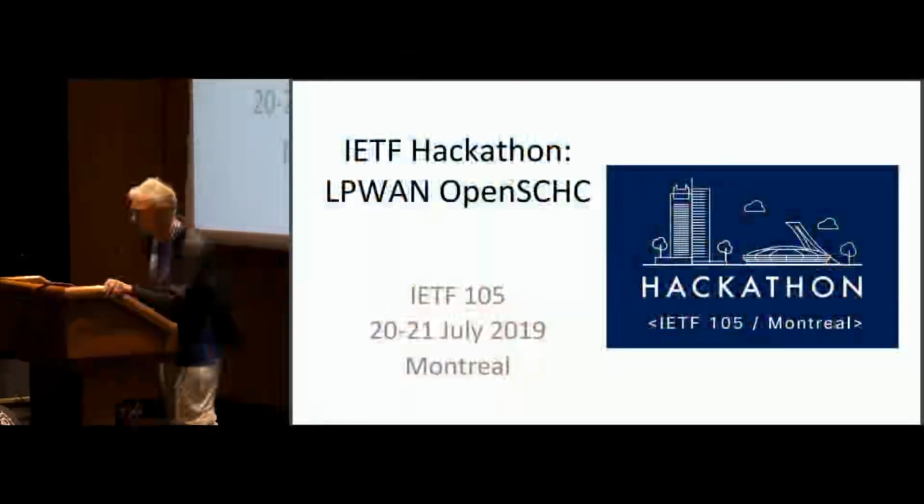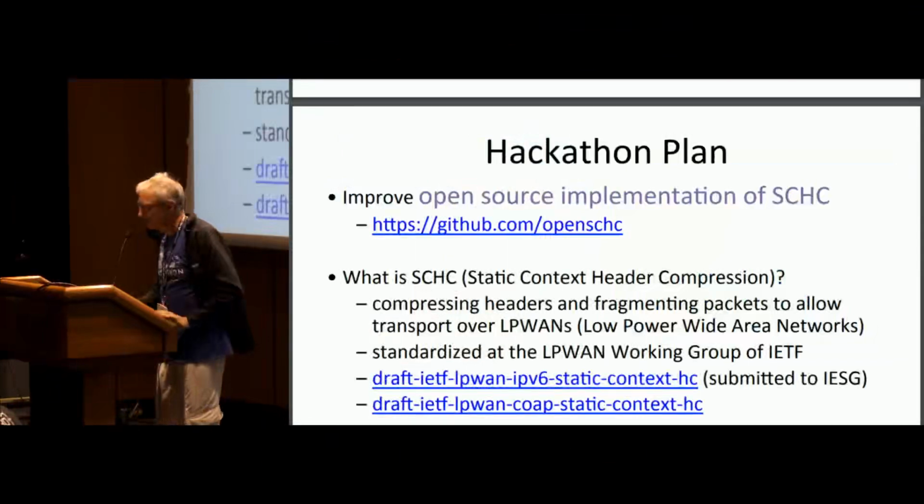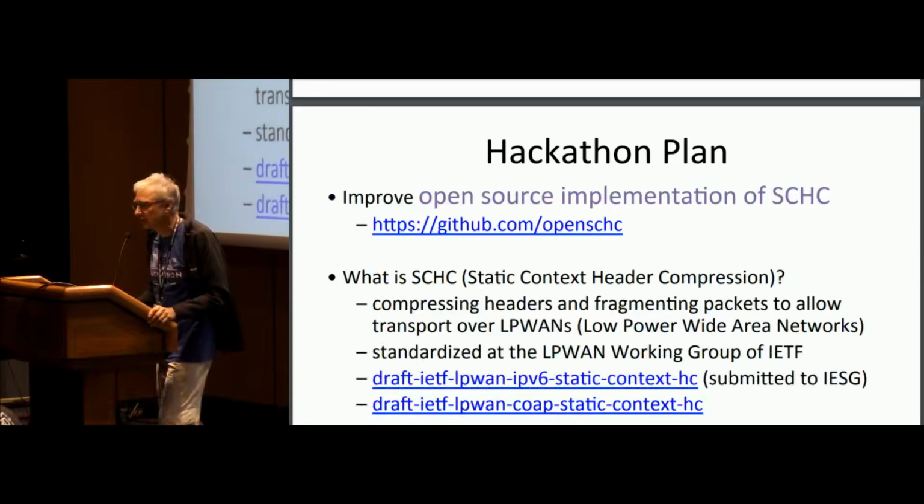Good afternoon. This is a report from the LP1 OpenCheck table down in the back. At this hackathon, similar to the previous few hackathons, our goal was to improve the open source implementation of Check. Check is a protocol defined at the LP1 working group.